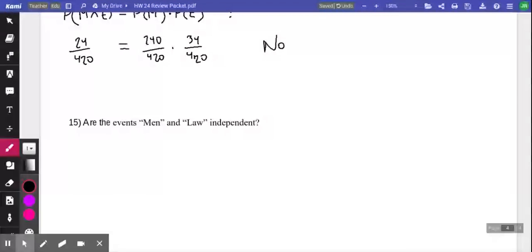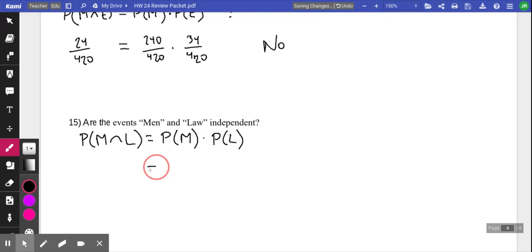So this next question is very similar, but now we're doing the probability of man and law, and that would have to be equal to the probability of being a male professor times the probability of being a law professor. The probability of being a male professor is still the same as up above, 240 out of 420.